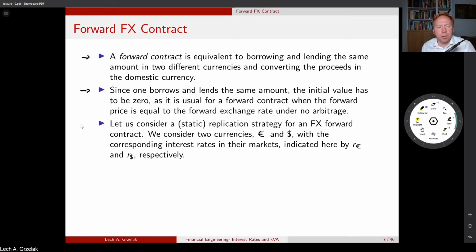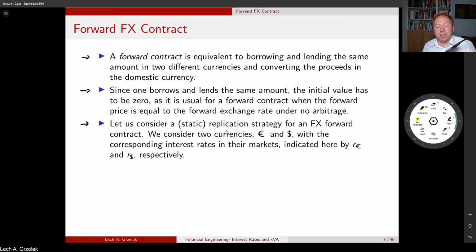So here I prepared two ways of deriving this FX forward contract. The first will be via replication, and the second one I will show you is a very nice relation that is very often observed and applied in the foreign exchange market.